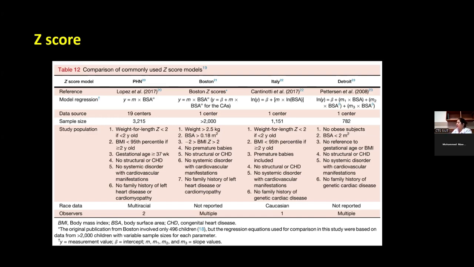In our echo lab, we usually use the Boston Z-score, and every Z-score has its own weaknesses and strengths. Unfortunately, these Z-scores were developed on different populations. This is not very universal, but we don't have our own LMIC Z-scores, so we use these scores.